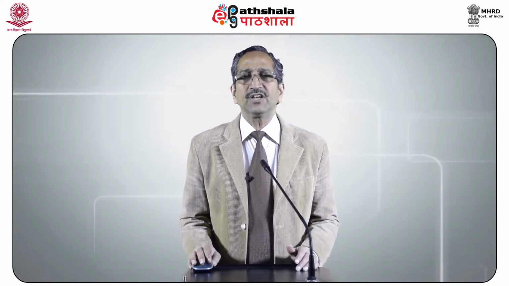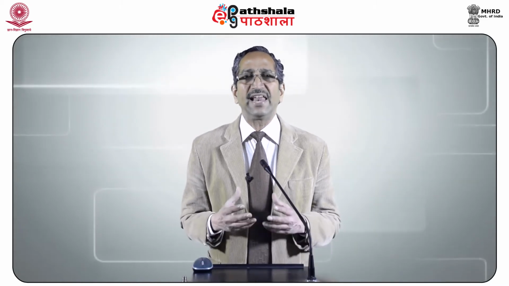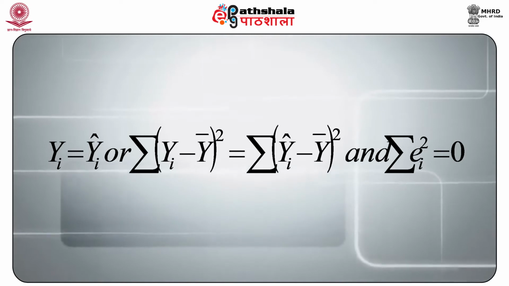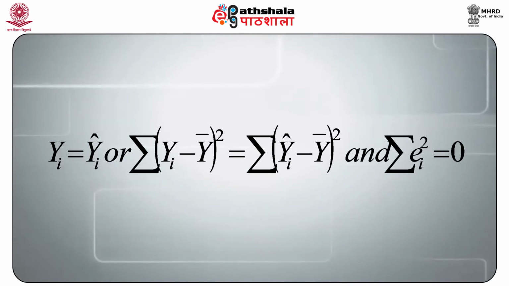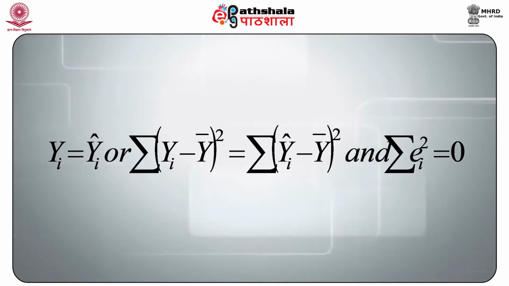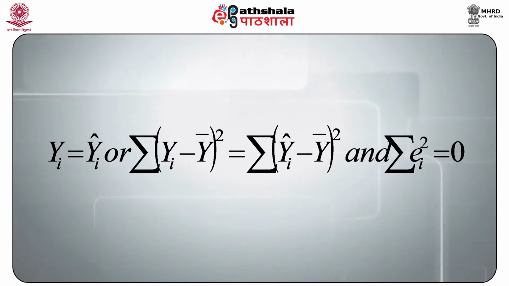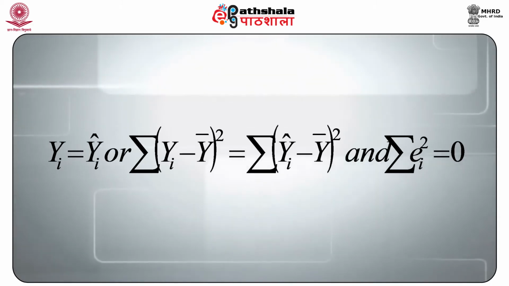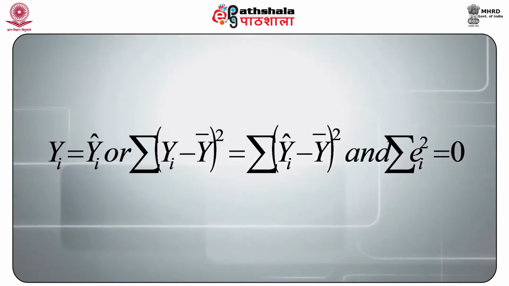When the fit is perfect, that is, all observed and predicted y values coincide for all observations i, then yi is equal to yi hat, or summation yi minus y bar square is equal to summation yi hat minus y bar square, and therefore summation ei square is equal to 0.